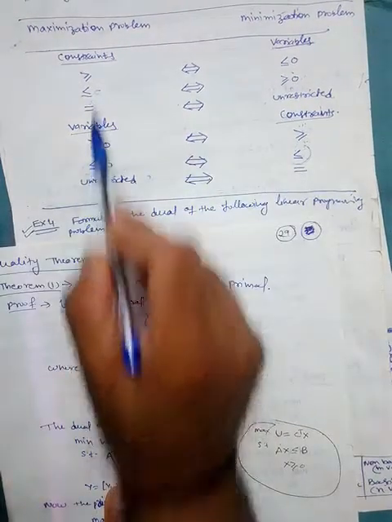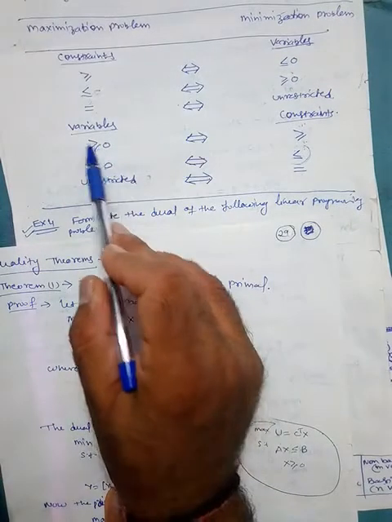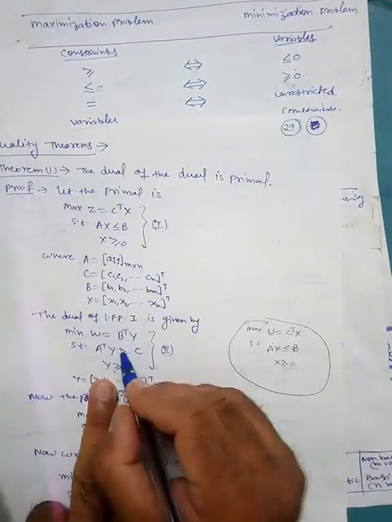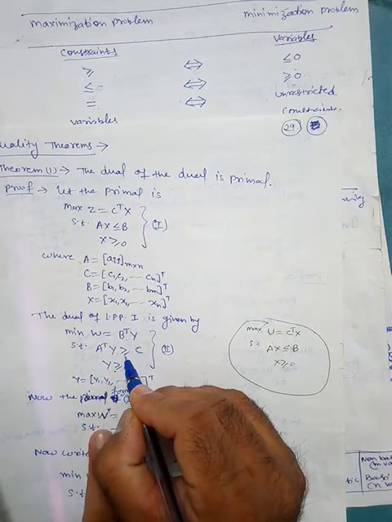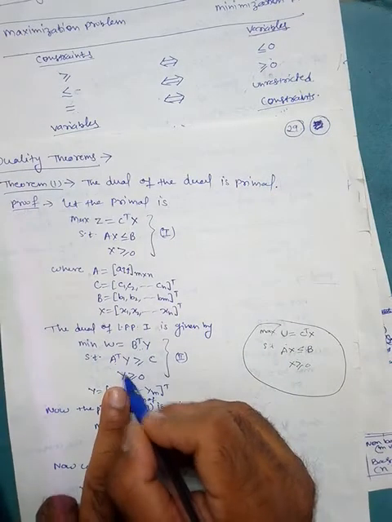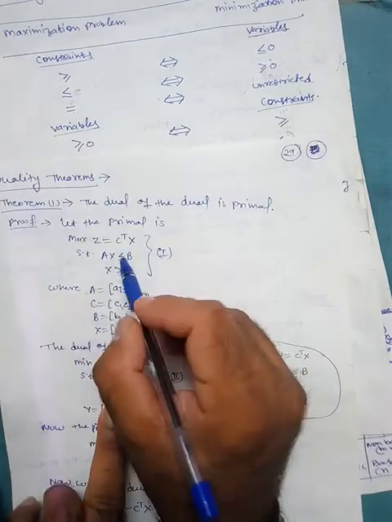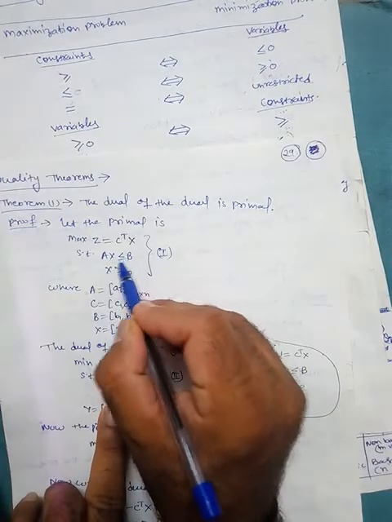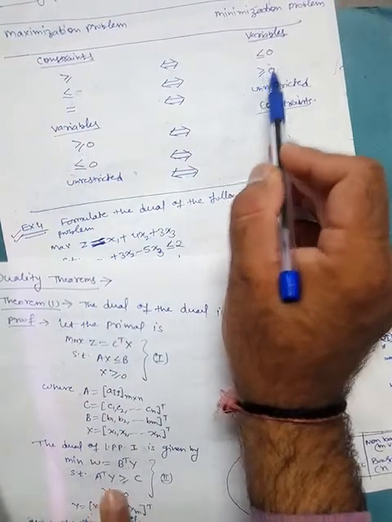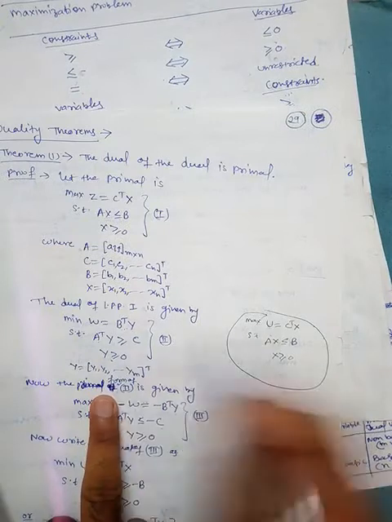Because this problem is maximization and the variable is greater than or equal to 0, the corresponding constraint will be of greater than type, and hence this is greater than or equal to c. Now the variable is y, and the sign is decided by the sign of the constraint. The sign of the constraint is less than type, so the variable will be greater than or equal to 0, and hence y is greater than or equal to 0.